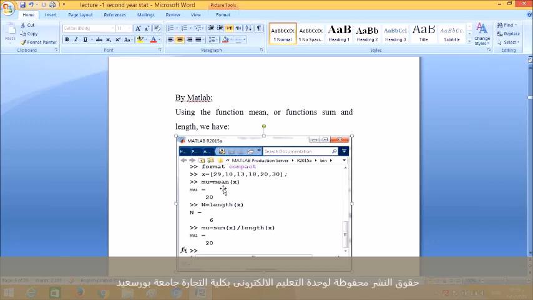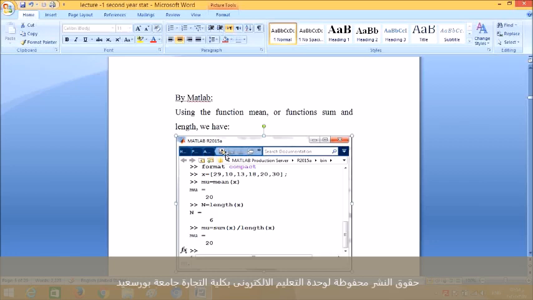This is a function, but if you want to emphasize that the result is correct, get the summation of x and divide by the length of x. The length of x means the number of observations written in the program.